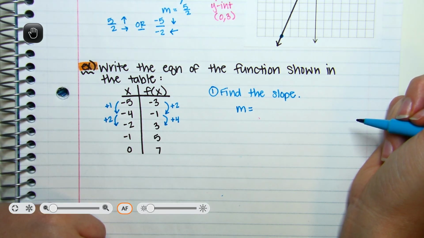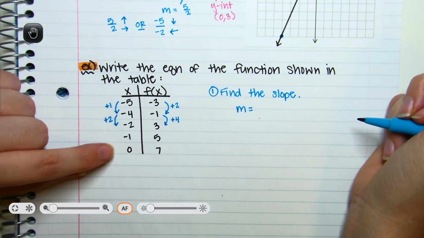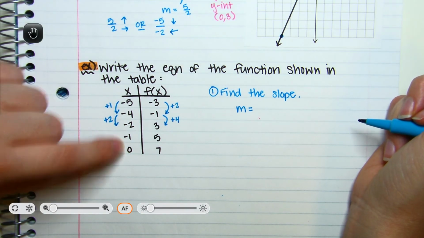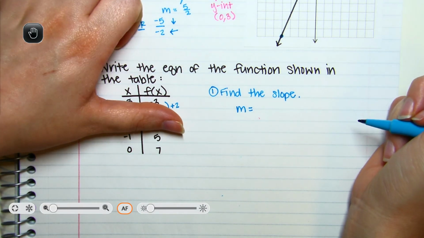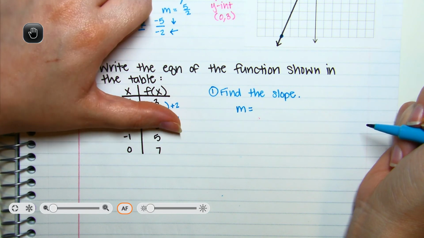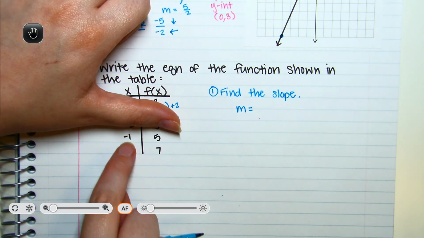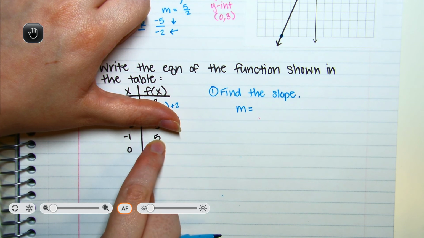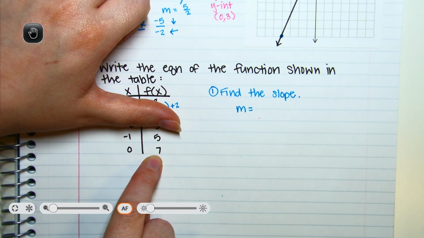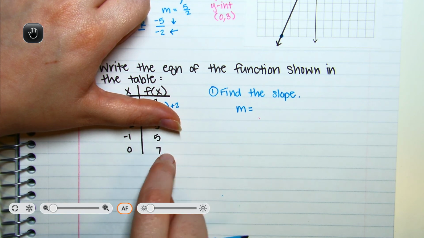It's up to you. I personally like using 0 whenever I possibly can, so I'm going to use the bottom 2 points, the negative 1, comma 5 and 0, comma 7. I'm going to pick this as my first point and this as my second point, just because it's written in order top to bottom, 1 to 2.